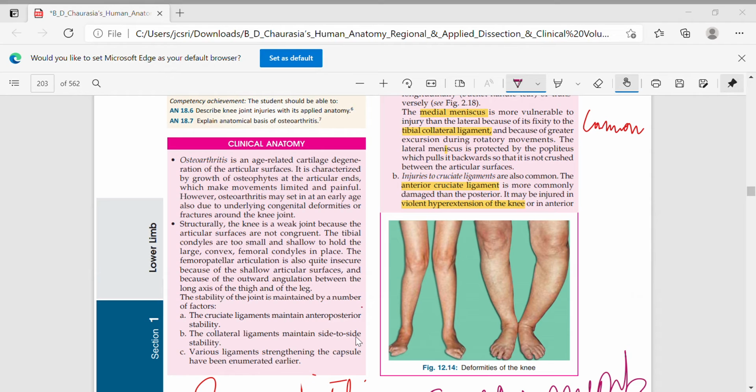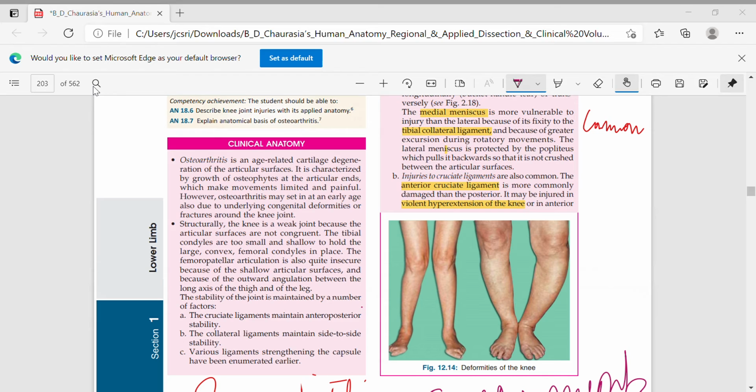Clergyman's knee is due to infrapatellar bursitis. With prepatellar bursitis, you have housemaid's knee. These two things you should know. And you also have a few other things, like carpet layer's knee.